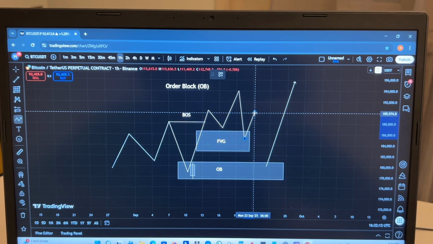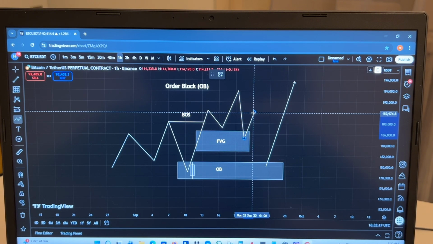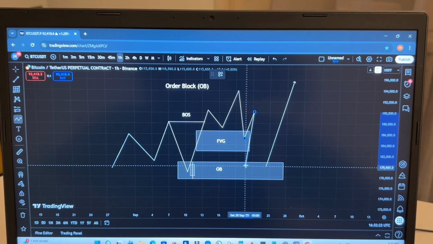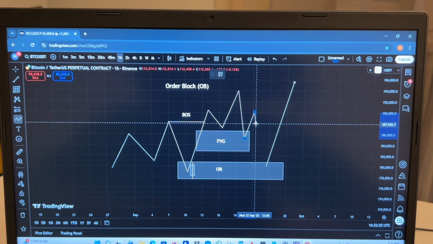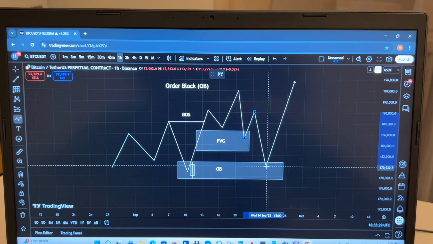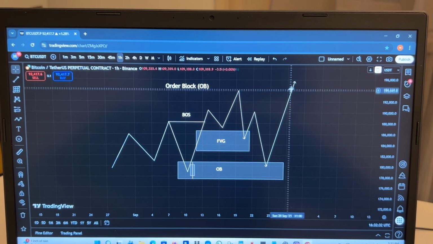Like I said earlier, when the market makes an FVG right after making an order block and a confirmed BOS, this order block becomes extremely powerful. So the market is going to be coming back towards this order block, and only then is it going to keep on going up.